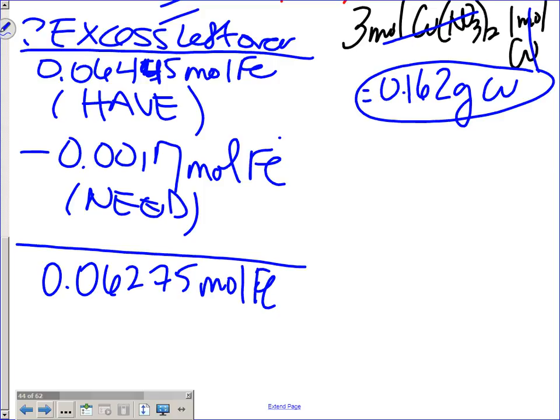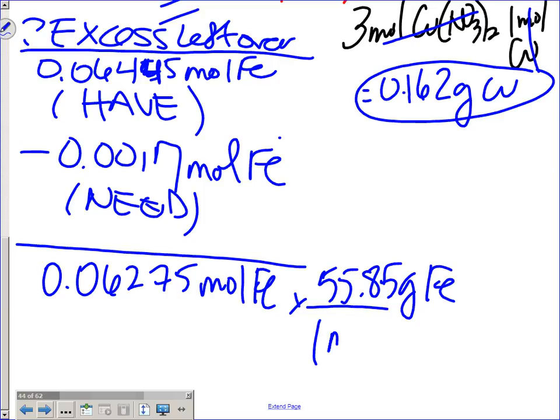Okay, now this question, it's at the top of the board. It says how much excess is left over. What is "much" generally referred to? Grams. So it will be our last and final step. Convert this final bit of moles to grams. And what's the molar mass of iron? 55.85 grams of iron for every 1 mole of iron.